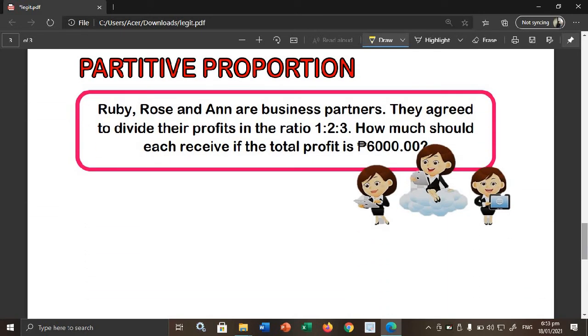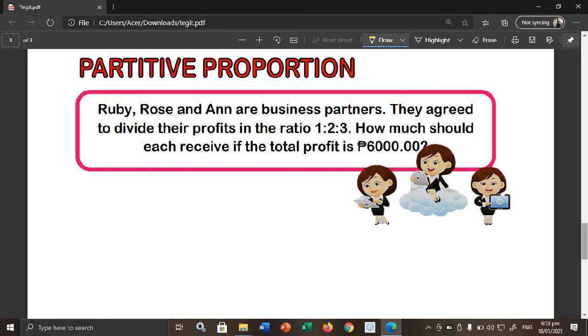And then lastly, we have what we call partitive proportion. So, kapag naman partitive proportion, it is described as if a whole number is divided into proportional parts. Okay?